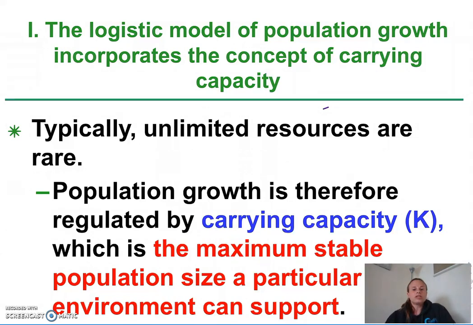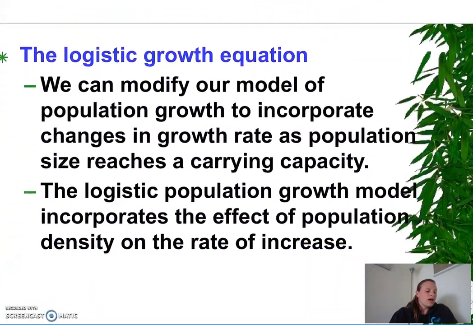Therefore, population growth is regulated by what's called a carrying capacity, where carrying capacity is the maximum stable population size that any particular environment can support. And this represents the logistic model of population growth.